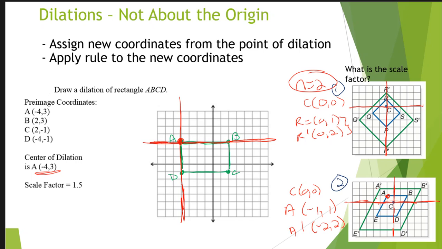Then I want to apply the rules here. Instead of this being negative 4, 3, A is now 0, 0. B is now, again this is 0, so it's 1, 2, 3, 4, 5, 6, 0.